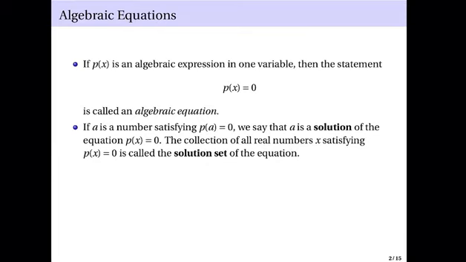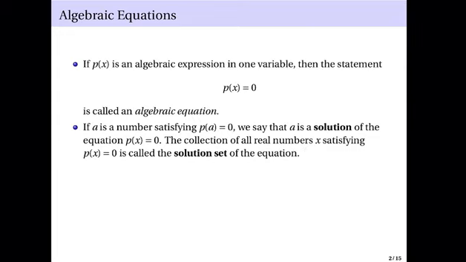So there's a possibility that you will find a certain number which still satisfies the equation p of x equals 0, but that number is not a real number. Okay, there is a possibility that you can find that if you are advanced or if you remember that topic in your previous math courses. So in this course, we will only be dealing with real numbers.